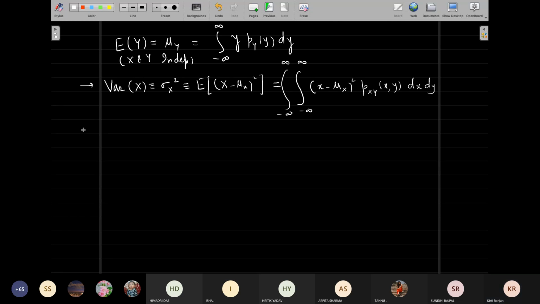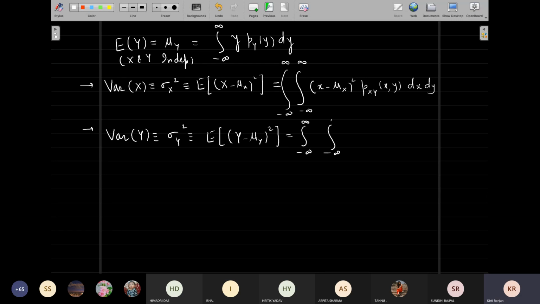Variance of Y, that is also simple. Sigma Y square, expectation value of Y minus mu Y square, and you can write down minus infinity to infinity, minus infinity to infinity, Pxy xy dx dy. So up to this point, it is absolutely fine, doesn't look anything complicated.